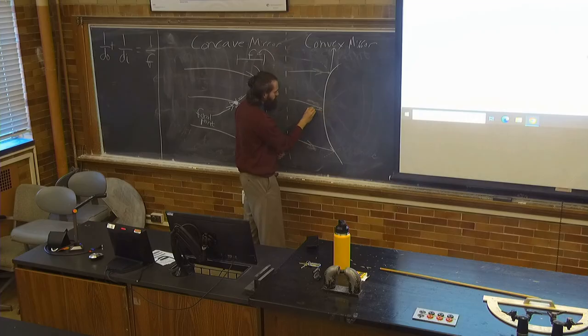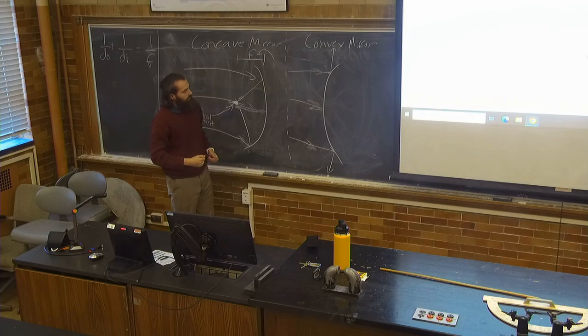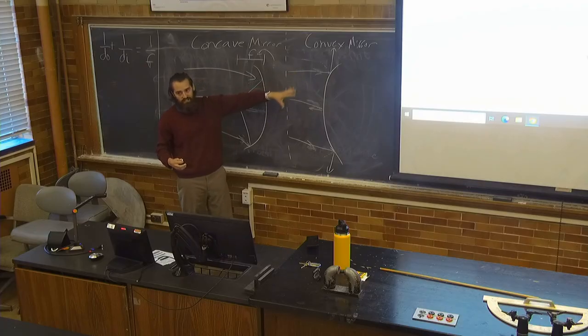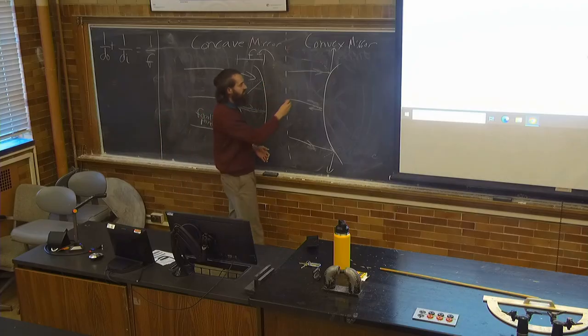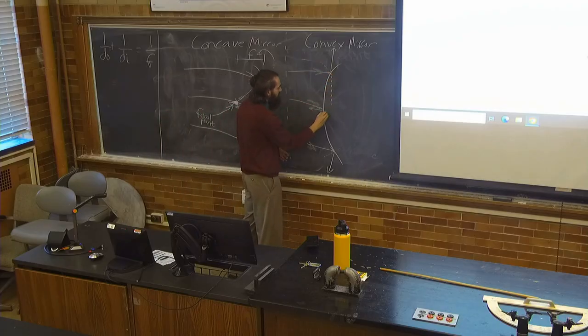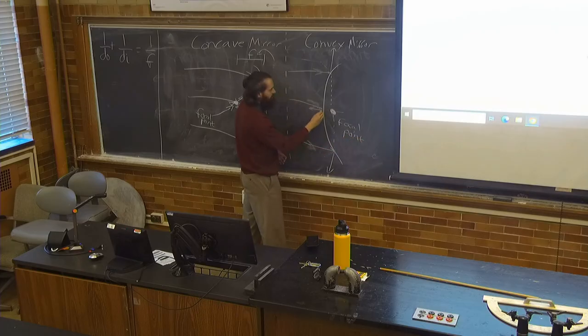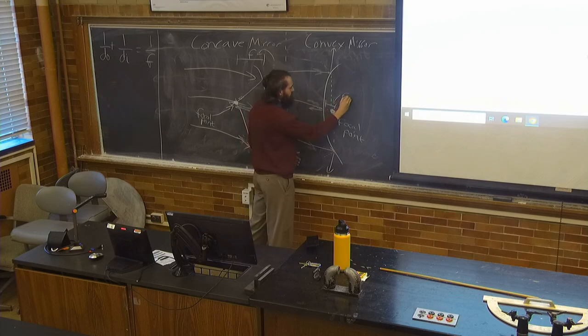This one will still just bounce straight back, and this one will go off this way. So now on the left side of the mirror, there's not a place where all of these rays will come together. So instead, we have to continue the rays behind the mirror, and then you get a place back here where all of your rays converge, called the focal point. And the distance from the mirror to the focal point is the focal length.